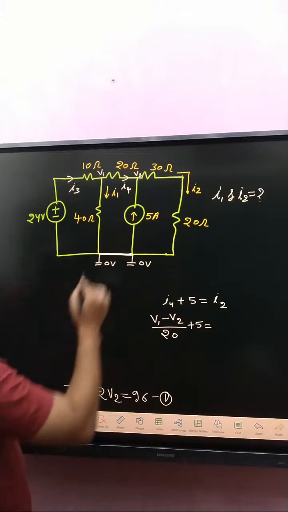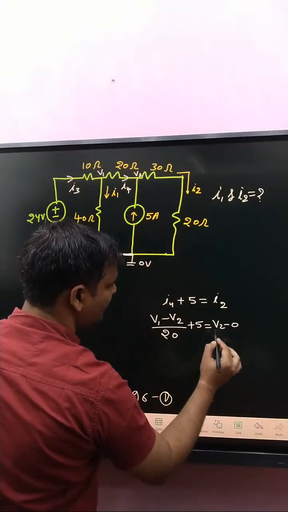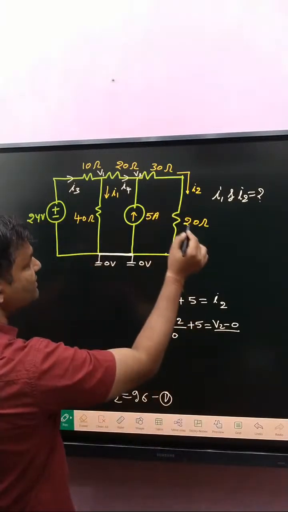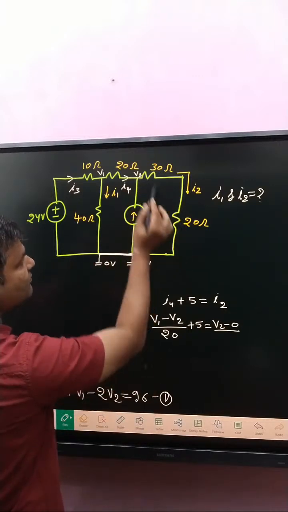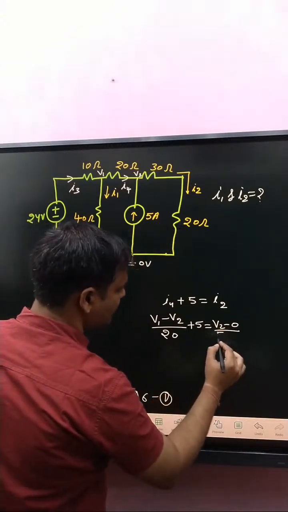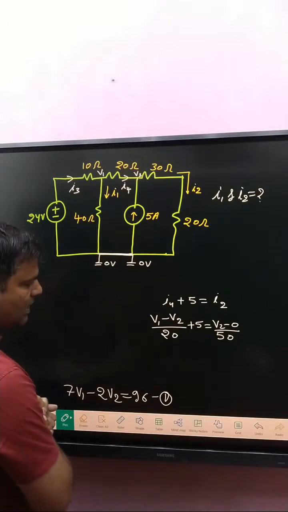I2 is how much? V2 minus 0, V2 minus 0 divided by the sum of these two resistances, 30 plus 20, that is 50. So written 50.